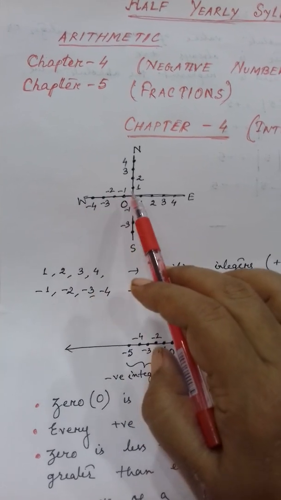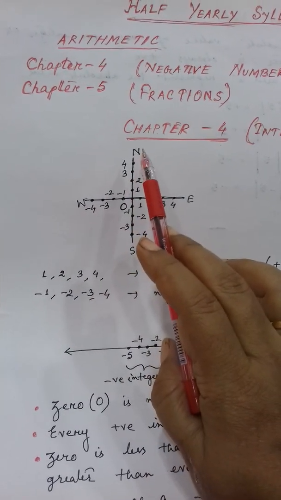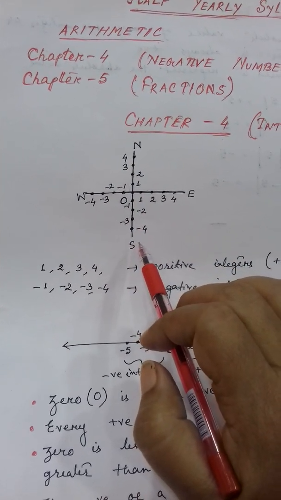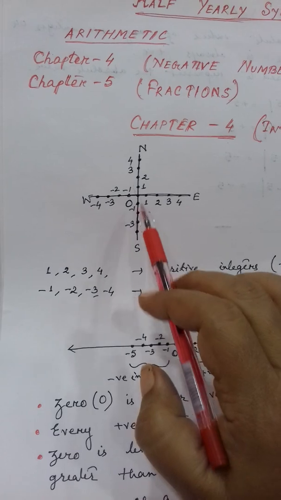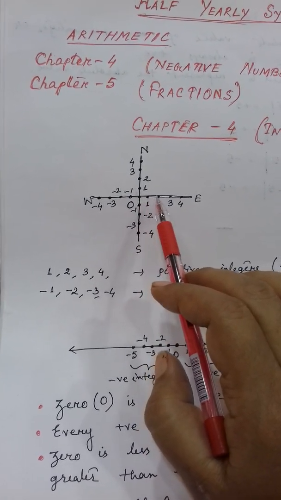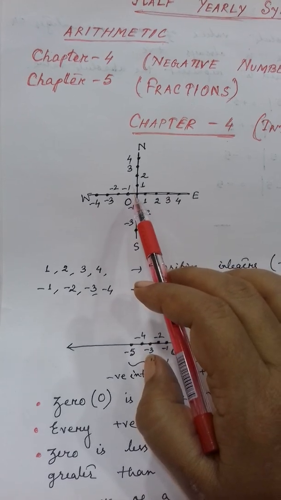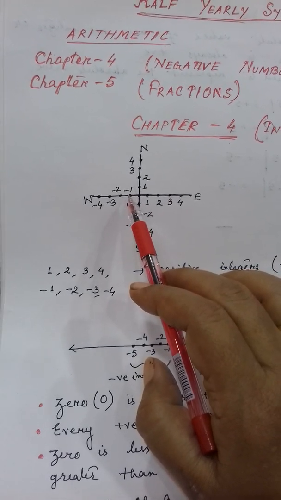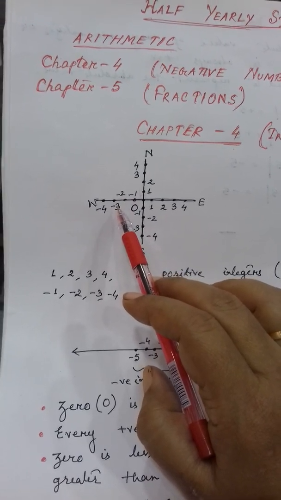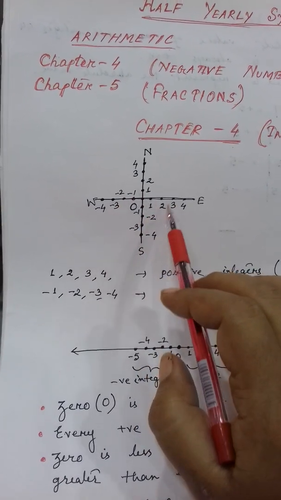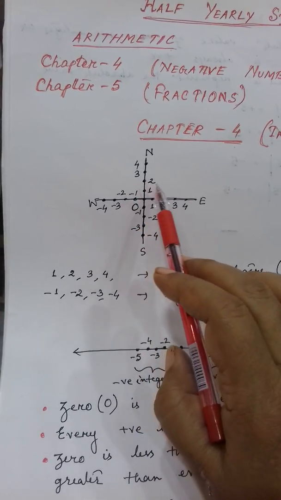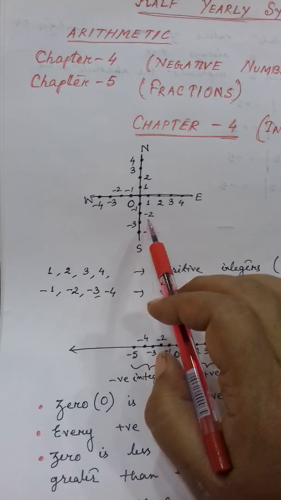Clear? Same way, if you move to the north, it will be positive. If you move to the south, it will be negative. Distances are the same, like 0 to 1, 1 to 2, 2 to 3. Same here also: 0 to minus 1, minus 1 to minus 2, minus 2 to minus 3. Clear? So this way we can represent the positive and negative integers with direction.